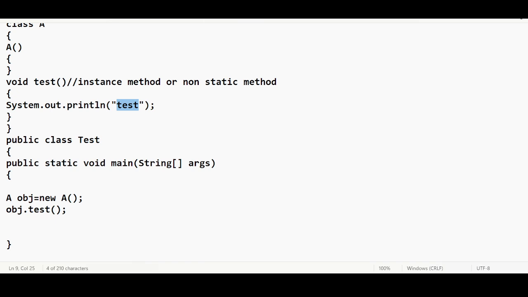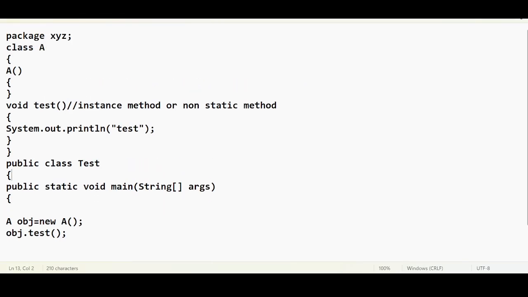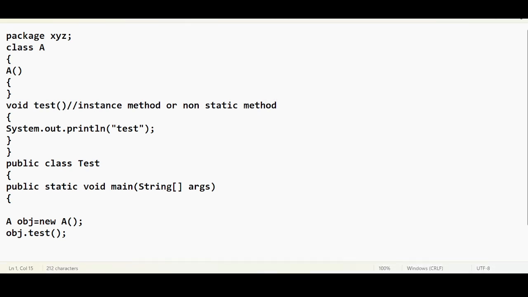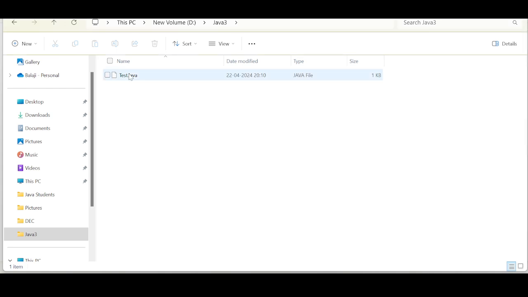Let's start from the beginning. I want to save this file, so I am using Control S. You don't see that from your side because it's a keyboard thing. So Test.java has been saved successfully.